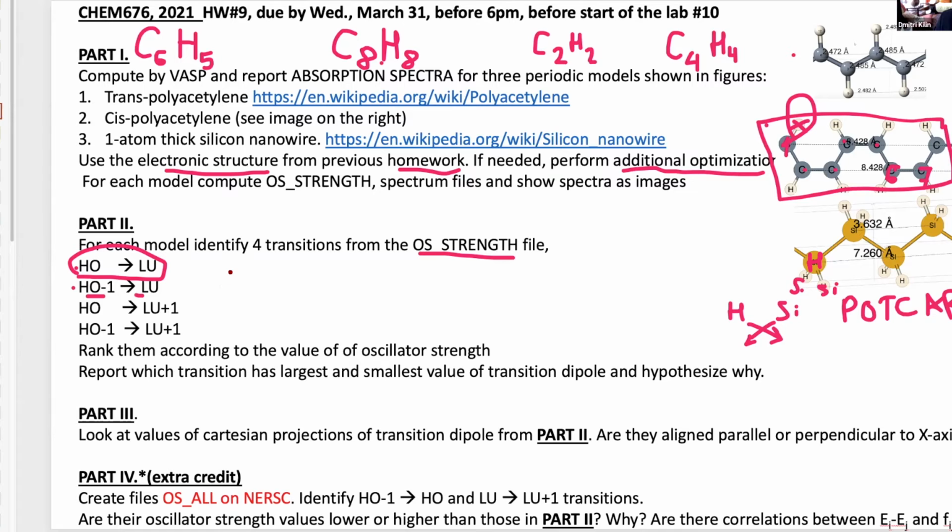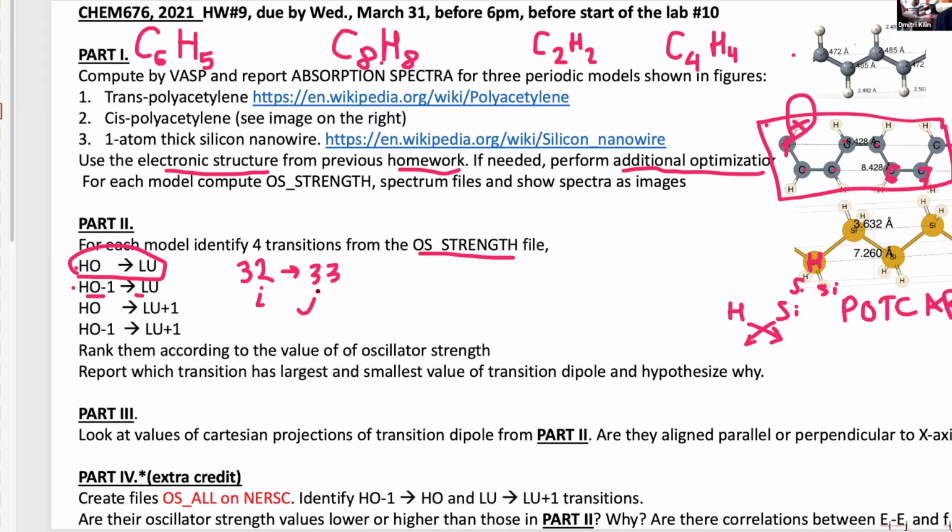In order to do so, you need to identify the number of HOMO for a certain model. Like in our lab 2 days ago for titanium dioxide, HOMO was 32. Then HOMO to LUMO would be 32 to 33. But as soon as you take a different model, these indices will be different. So it's not very complicated, but it needs some concentration and maybe a couple of cups of coffee.